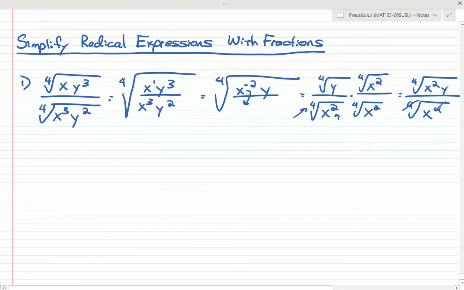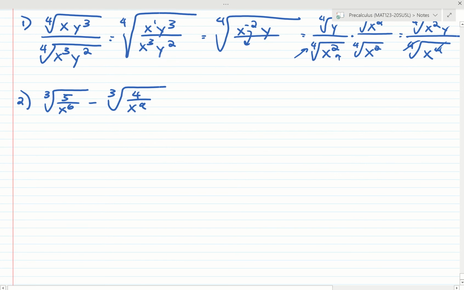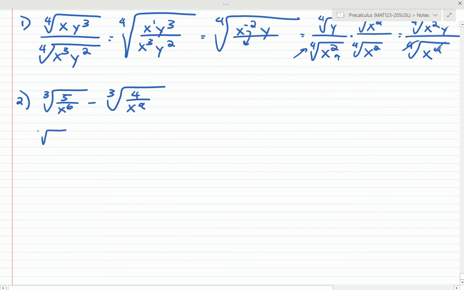And our final problem for this section, what if it's the 3rd root of 5 over x to the 6th minus the 3rd root of 4 over x to the 9th? Well, if we break this up, the 3rd root of 5 divided by the 3rd root of x to the 6th minus the 3rd root of 4 over the 3rd root of x to the 9th.